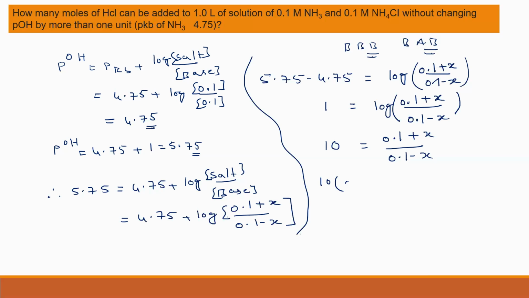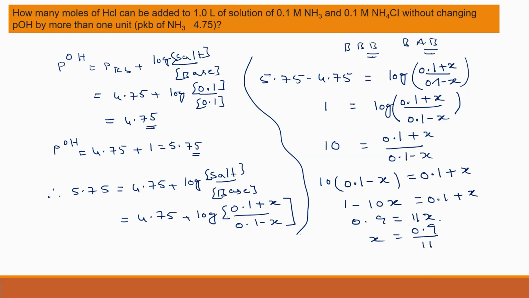So now 10 into 0.1 minus x is equal to 0.1 plus x. So this is 1 minus 10x is equal to 0.1 plus x. Bring this one to this side and this to that side. So then 0.9 is equal to 11x. So x is equal to 0.9 by 11, which is nothing but 0.082 mole.